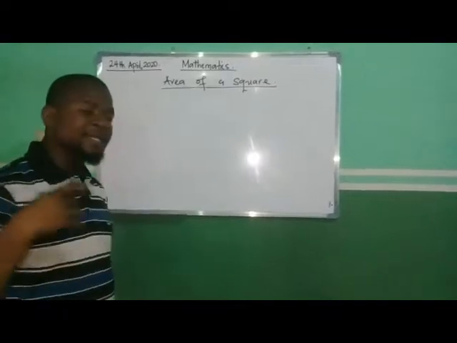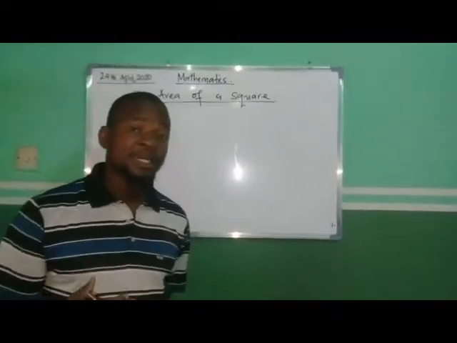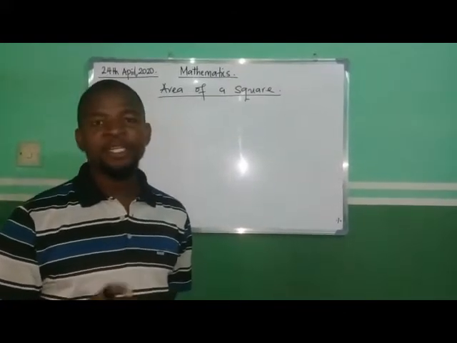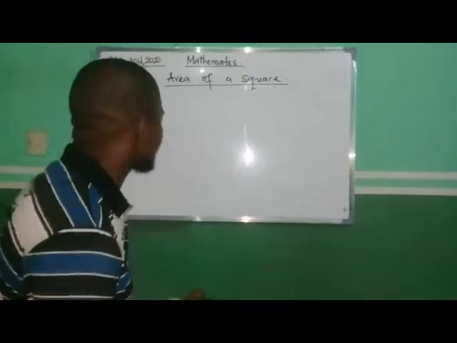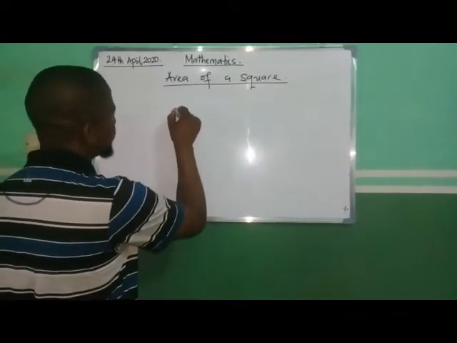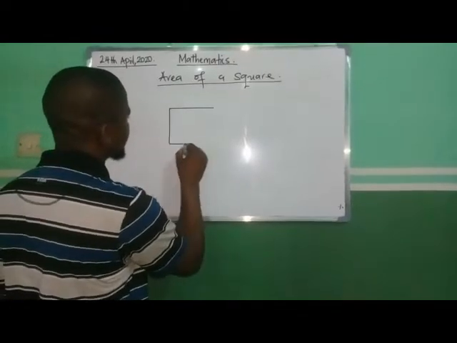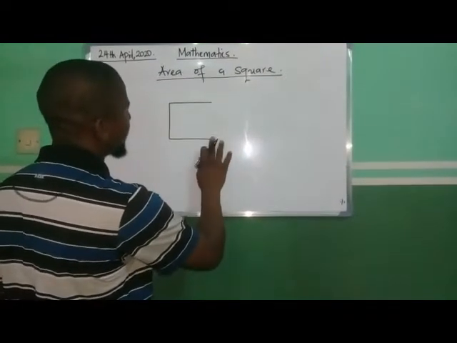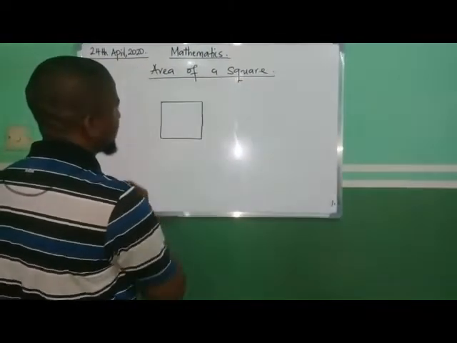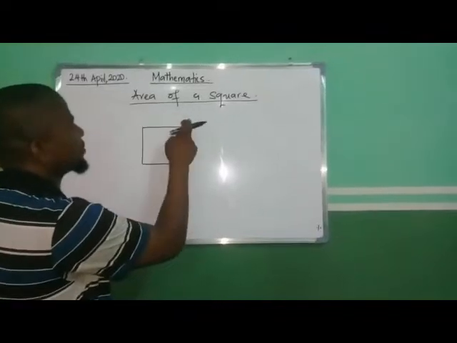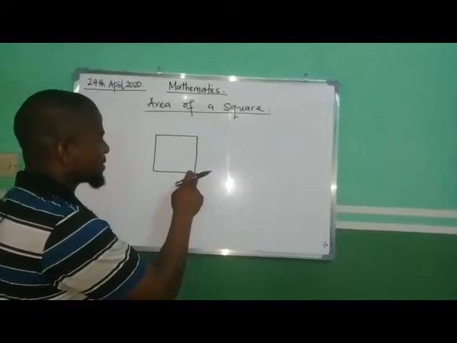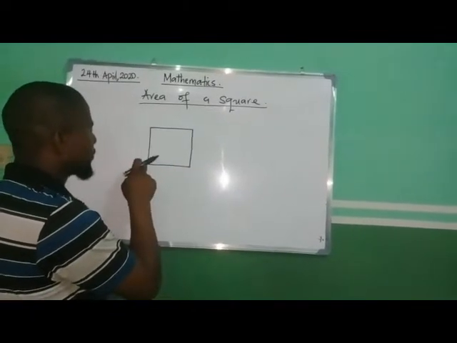And from my definition in our last class, I told you that area is a measure of the surface of a shape. Okay? So quickly, let's see. If I have a square, as you all know, a square has a uniform length all around, meaning the length from this point to this point is the same as the length from this point to this point, which is also the same as that from this point to this point, and also from here to here.